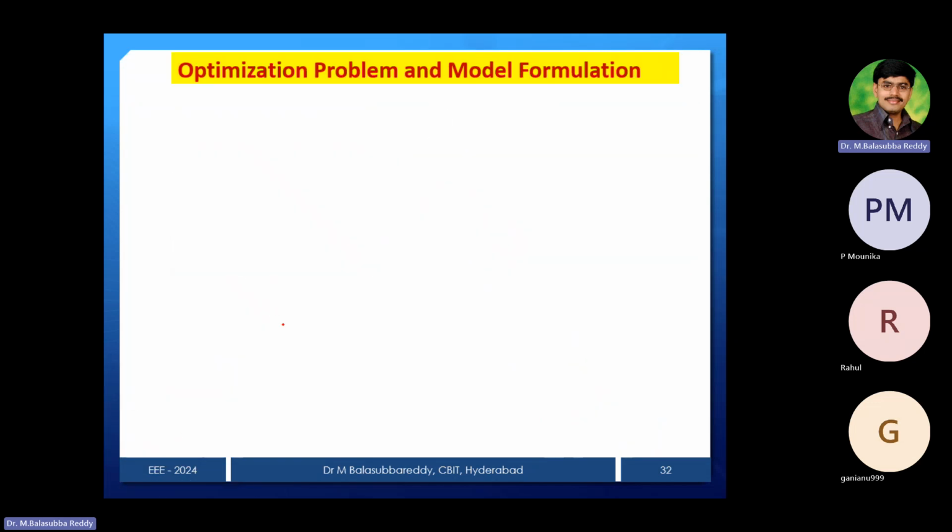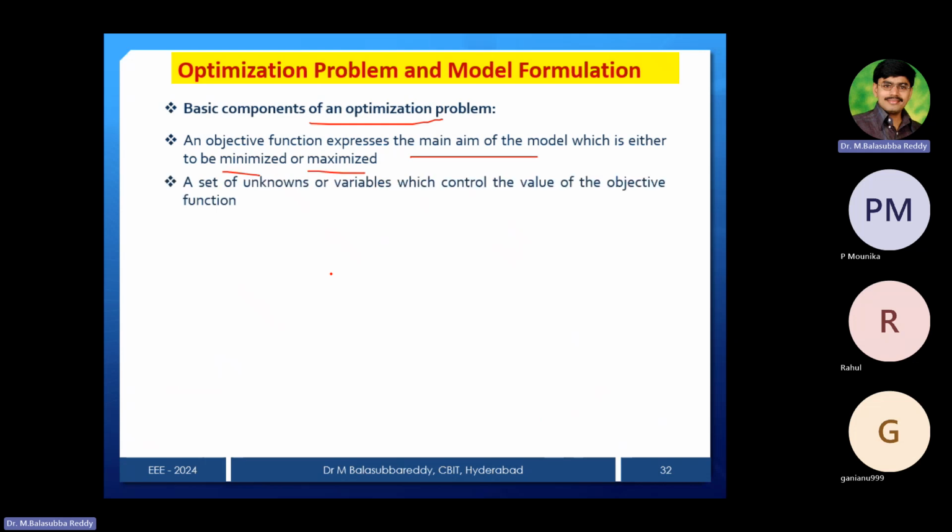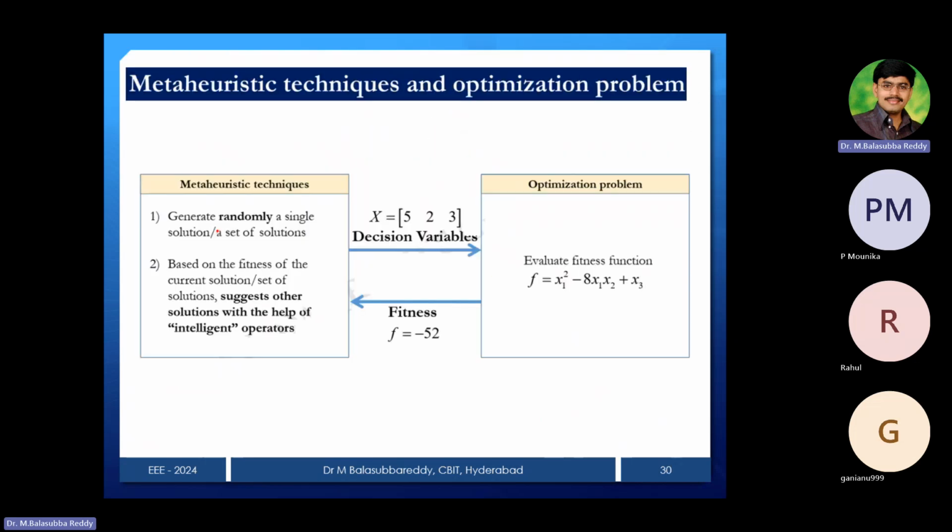And this is how the optimization problem and model function work, as I showed you, the basic components of an optimization problem. The objective function expresses the main aim, whether it is a minimization or a maximization. And the set of unknowns, also called unknown variables, control the value of the objective function. This is a function, and the unknown parameters are x1, x2, x3.